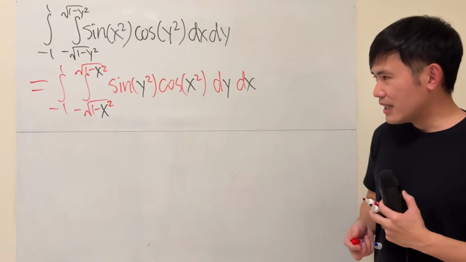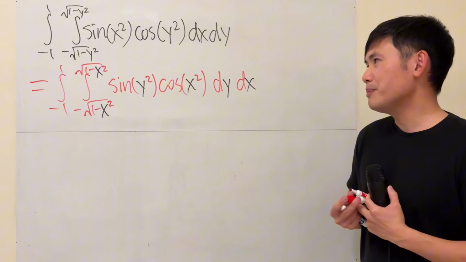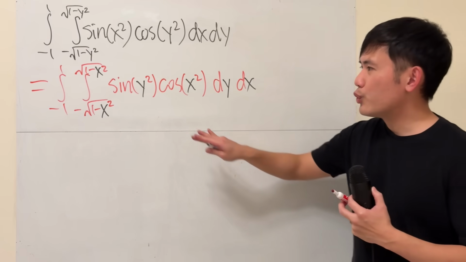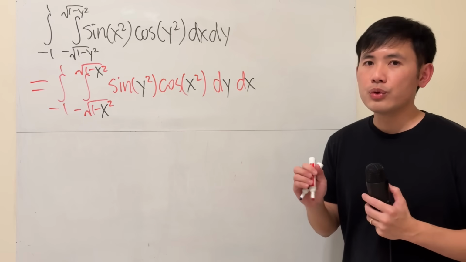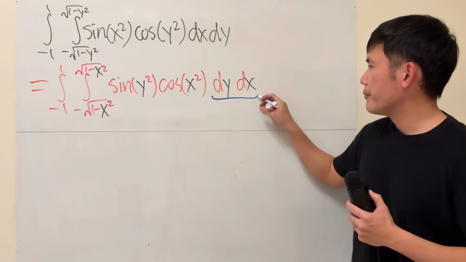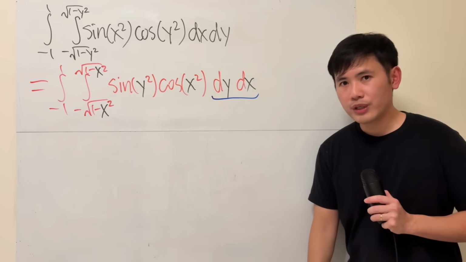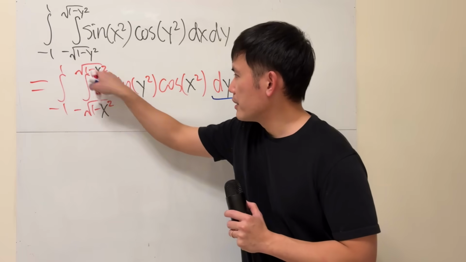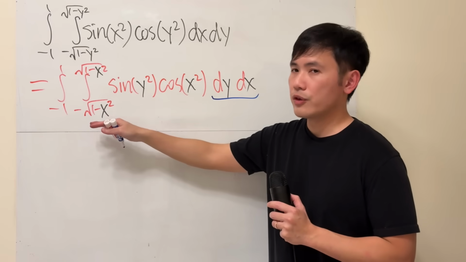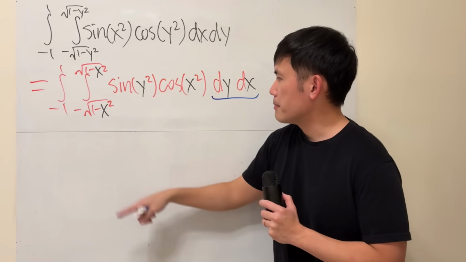Now, the next thing that we are going to do is the tricky part. Here we go. I'm going to look at the red integral, and then I'm going to change the order of the dx dy right here. How do we do it though? We'll look at the picture first, right here. Remember, this is just going to be the unit circle, but I will still draw the picture for you guys step by step.